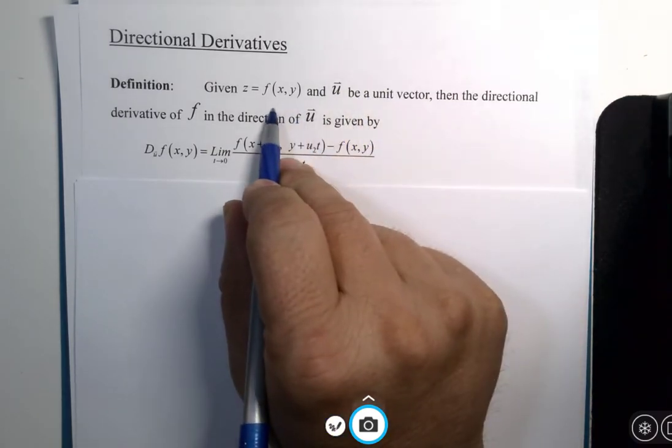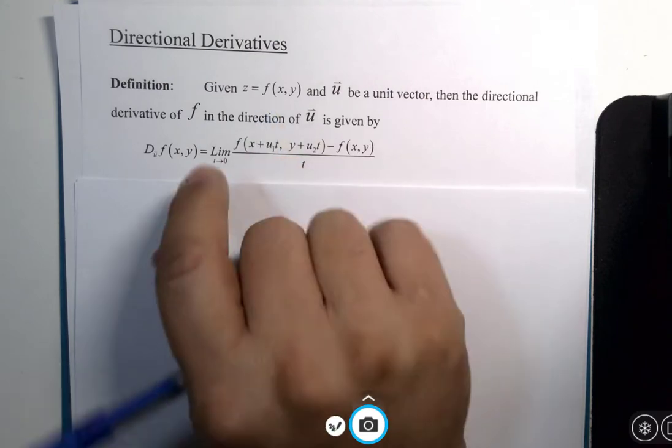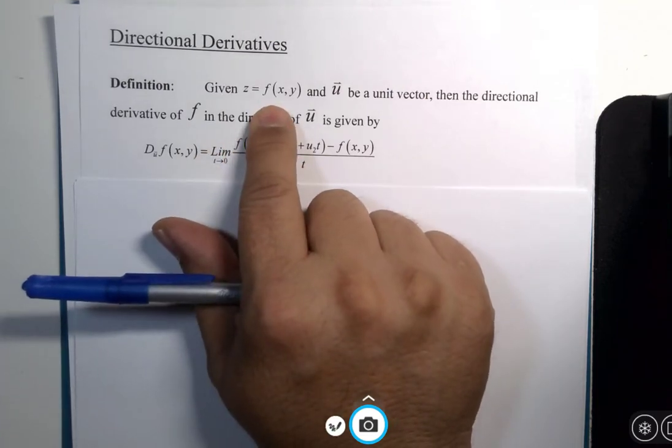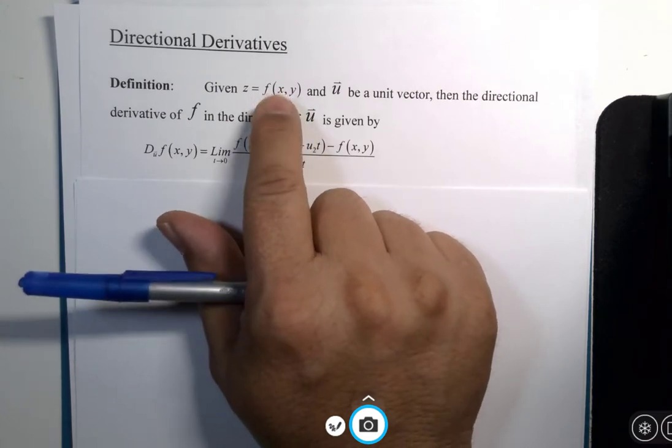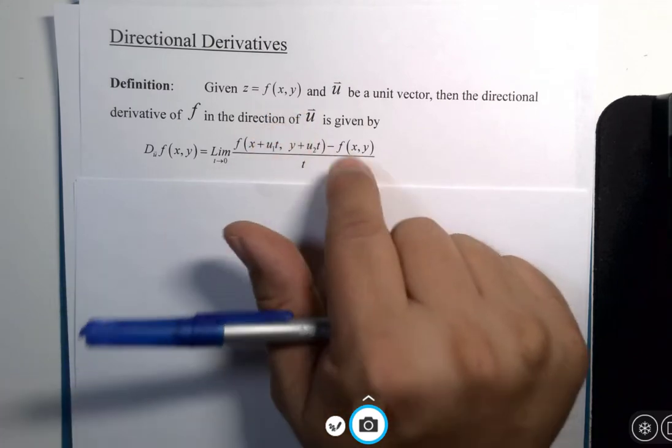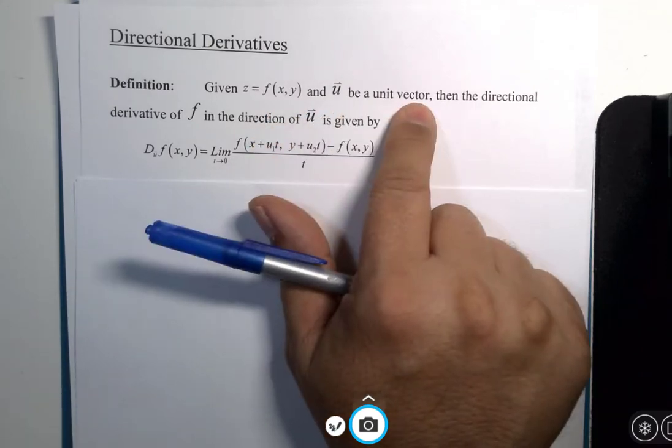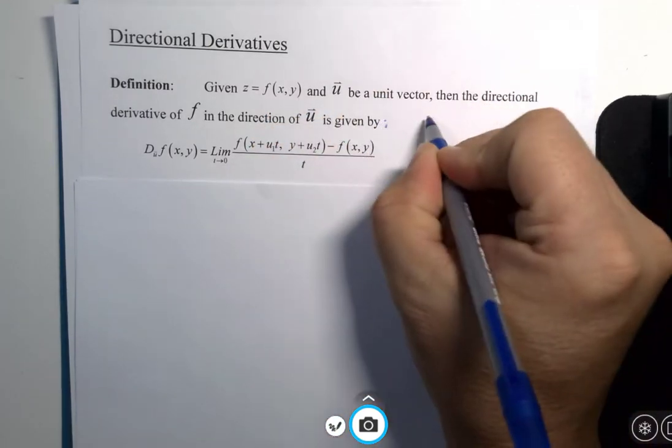We have a function z equals f of xy. It can be modified for more variables, but we're going to only manually calculate with the definition a two variable case. And u is a unit vector, so I just want to put a little note here.